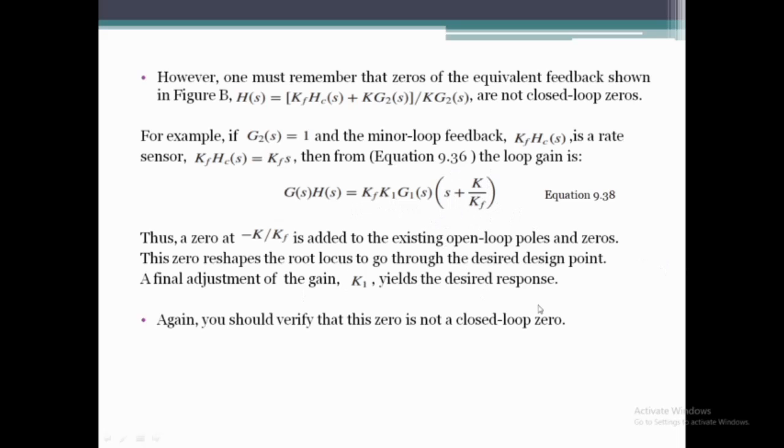Thus a zero at negative K over KF is added to the existing open loop poles and zeros. This zero reshapes the root locus to go through the desired design point. A final adjustment of the gain K1 yields the desired response. Again, you should verify that this zero is not a closed loop zero.